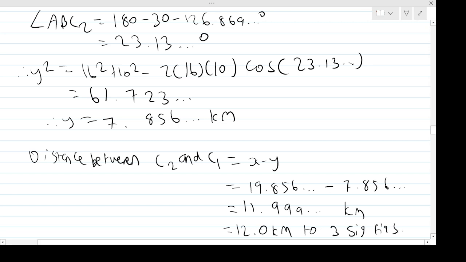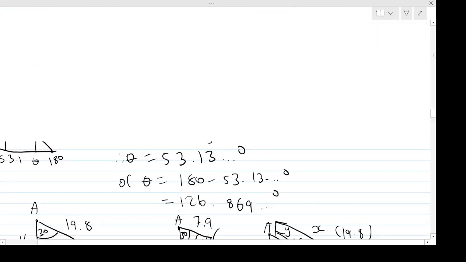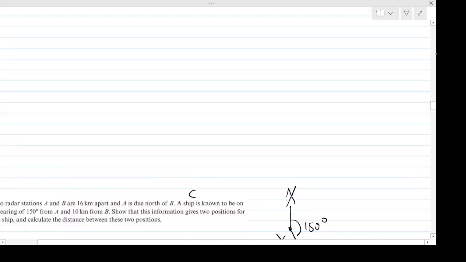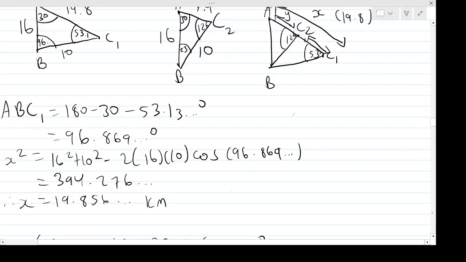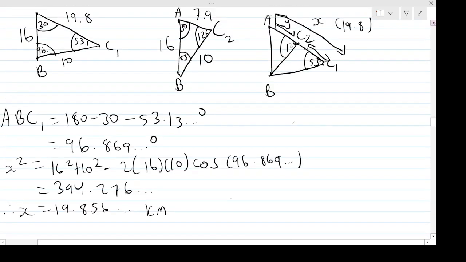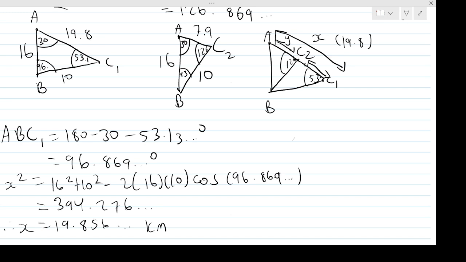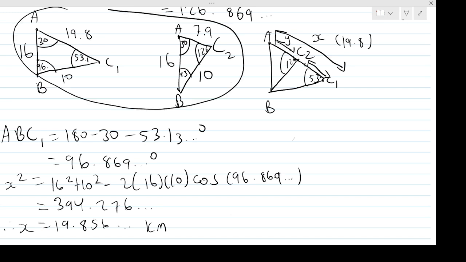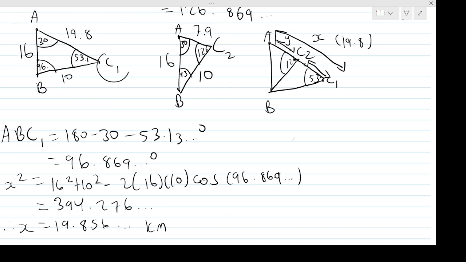Okay, another not so nice question. But really the central idea here is again the fact that the two angles give us two possible triangles, these two triangles, which in turn gave us two positions or two points of C, because the angles are different, so the side here is different as well.